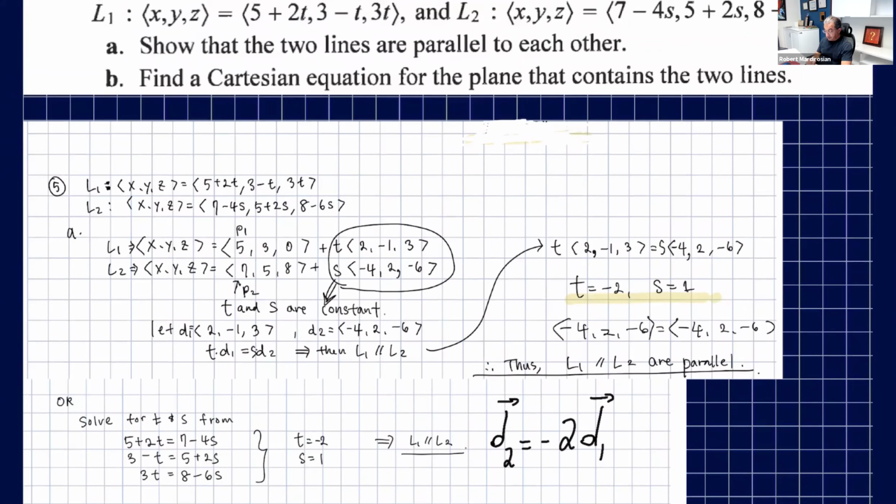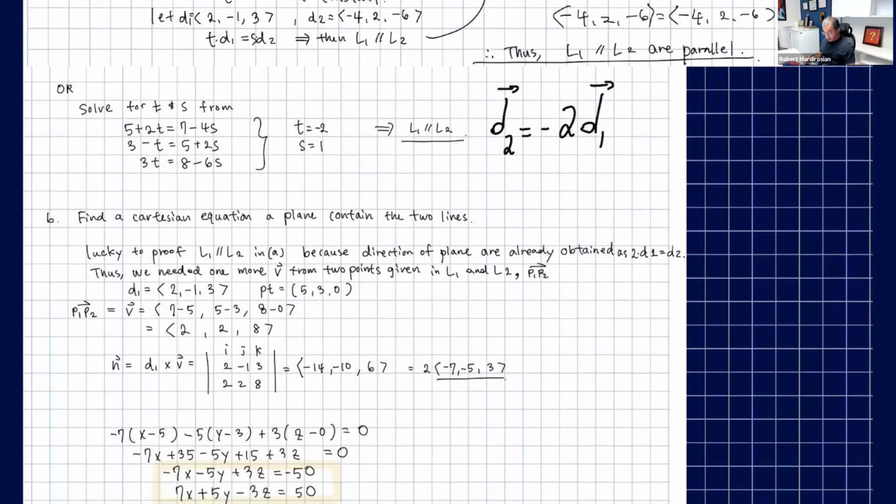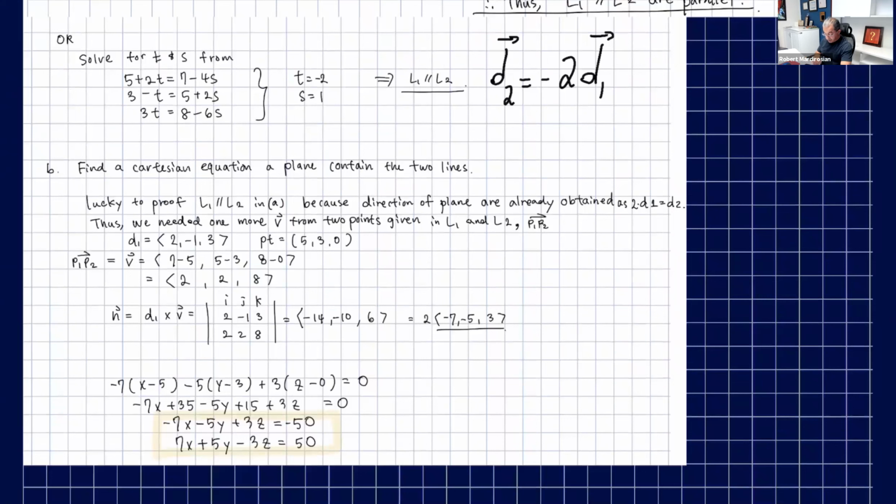Find a Cartesian equation for the plane that contains the two lines. So part B, you have D1, the direction vector of one line, or both of them, you can just take that. Then you can find a vector from line 1 to line 2.